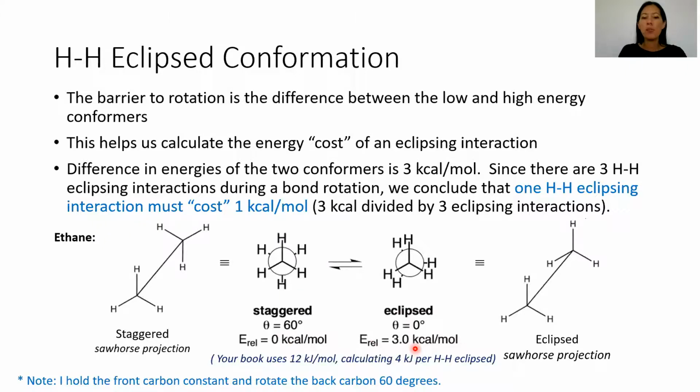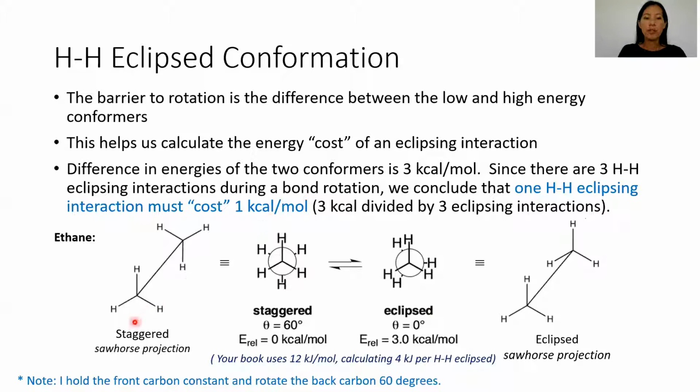And what we realize is the only thing that's offensive here versus that staggered conformation is that there are 3 eclipsing H-H interactions. And that means if you take the 3 kcals divided by those 3 eclipsing interactions, each of those H-H eclipsing interactions must cost you 1 kcal per mole.